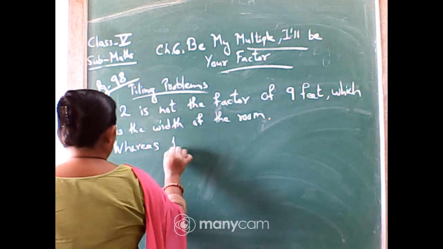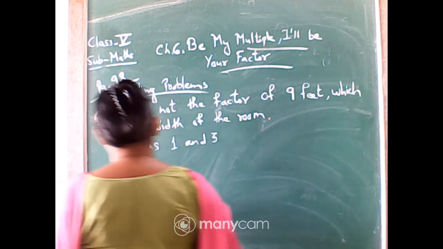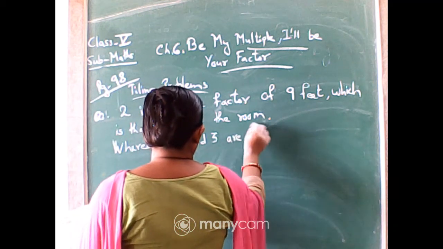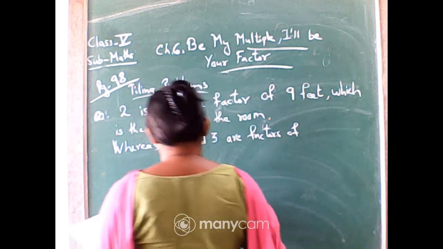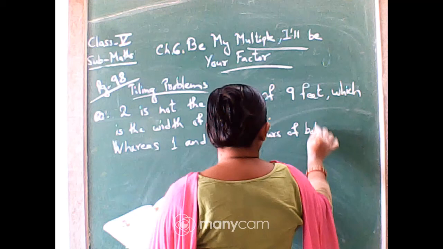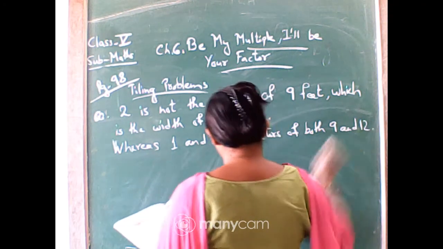Whereas 1 and 3 are factors of both 9 and 12.